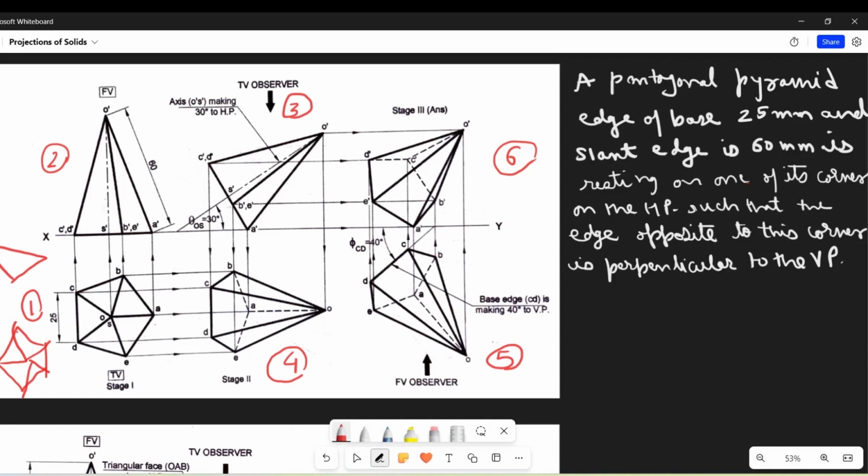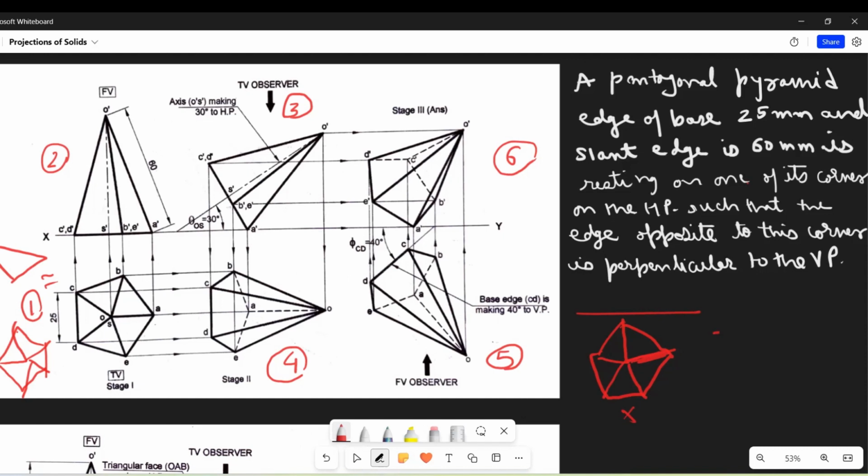These two are equal, but except for these, there cannot be any other position in which we draw the pentagon. Means we cannot draw a pentagon like this, because if you draw a pentagon like this, and this will be the point of axis, you can see that this edge is not parallel to the XY line. So this is not correct.